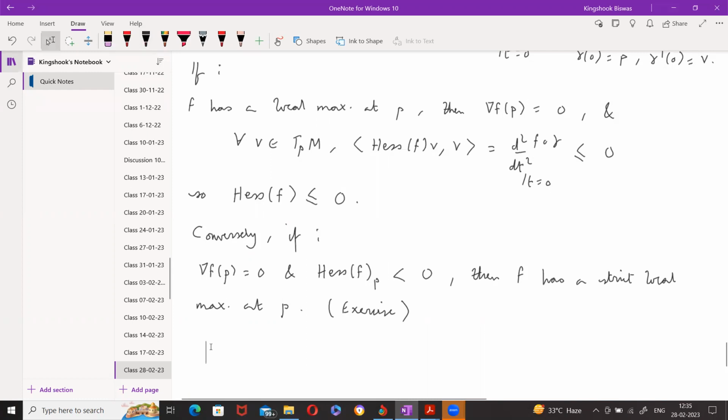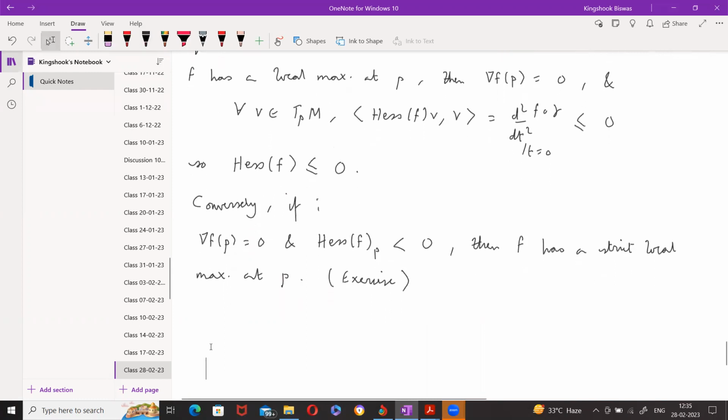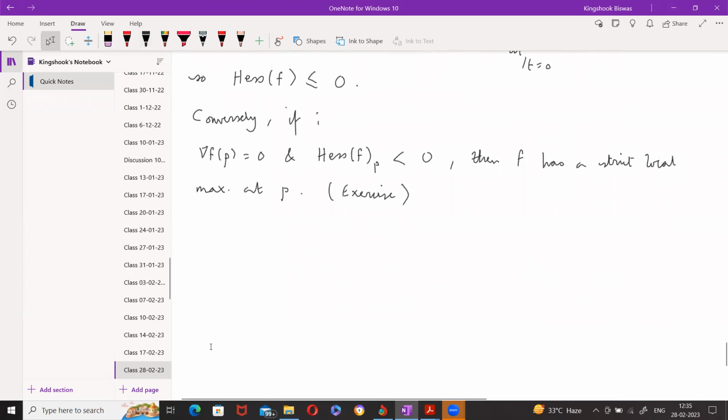So now I want to come towards defining the Laplacian of a function on a Riemannian manifold. You know what the Laplacian is in Rn, but we can define also the Laplacian on any Riemannian manifold. For that, first we have to define what's called the divergence of a vector field.